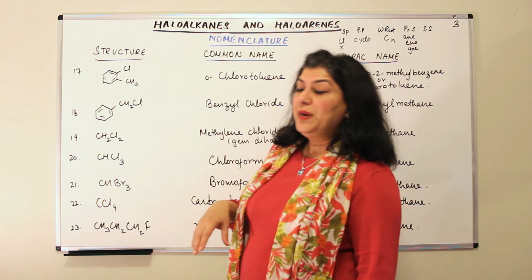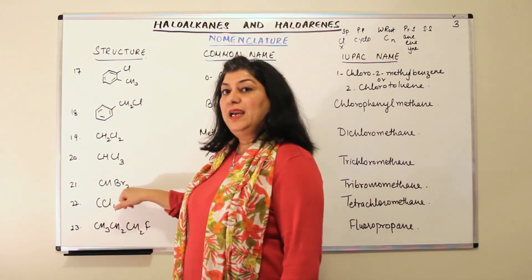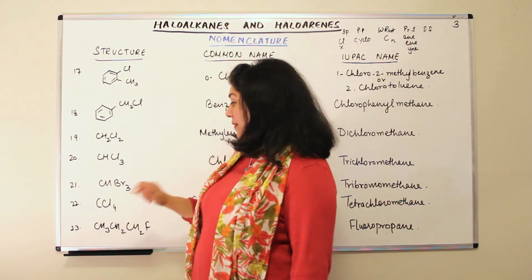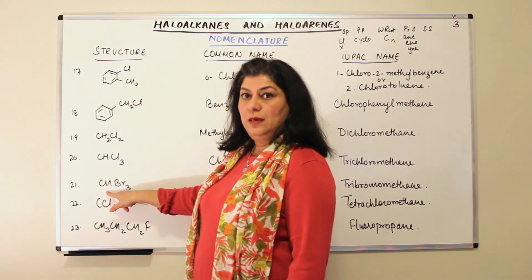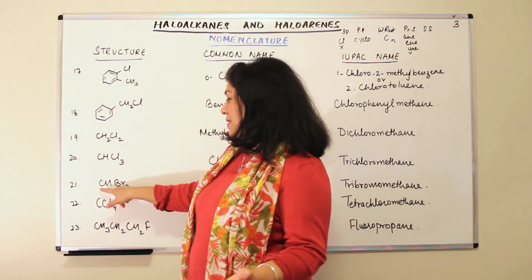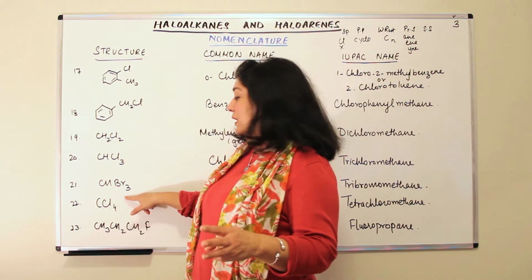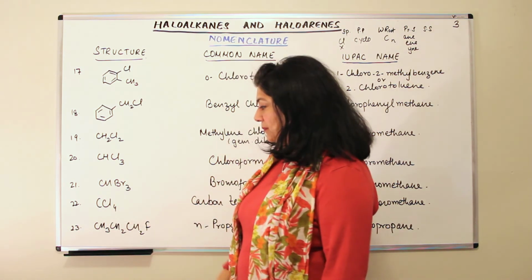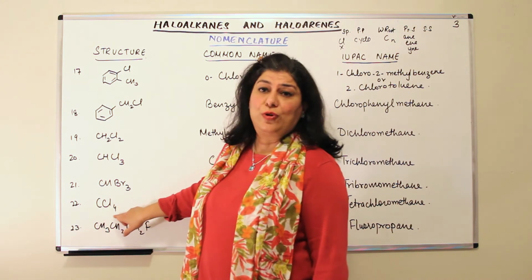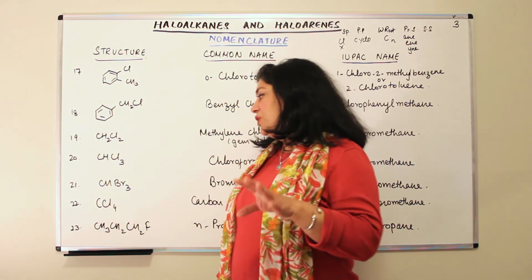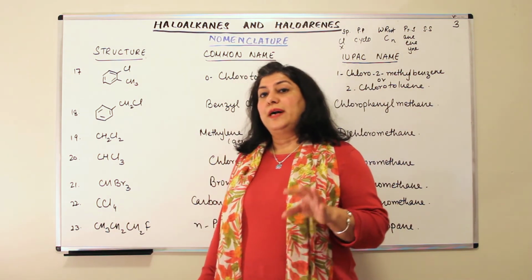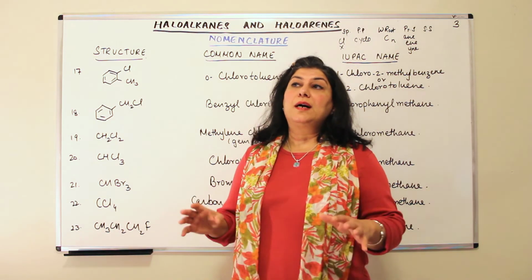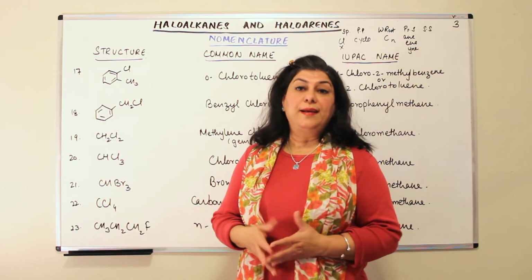And in IUPAC nomenclature, it is tribromomethane, right? Meth, parent, ane as it is saturated, and 3 substitutions are bromines at the same carbon atom, so tribromomethane. Then comes CCl4. CCl4 is a little controversial compound because it has no hydrogen, and hydrocarbons are compounds which have both carbon and hydrogen.